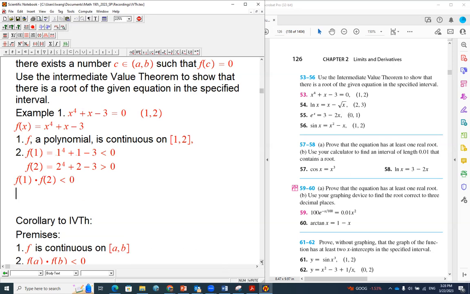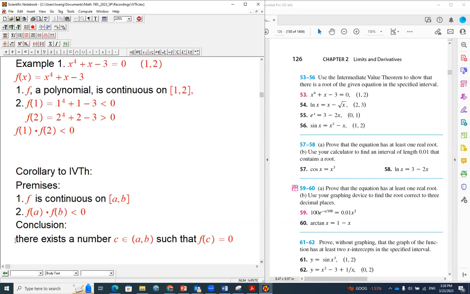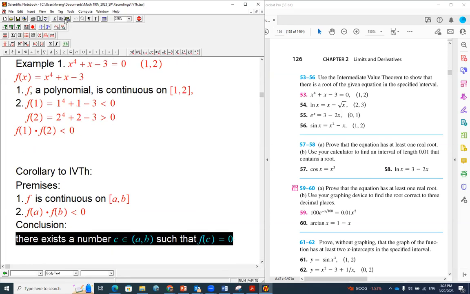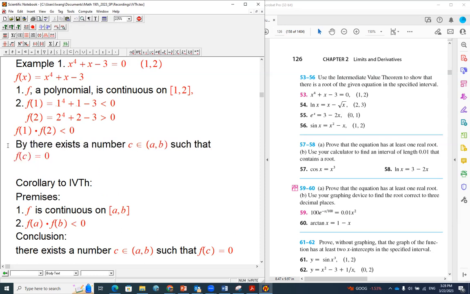Once these two conditions are checked, we can quote the conclusion directly. You may say, according to the intermediate value theorem, there exists a number c between 1 and 2 such that f of c is 0.